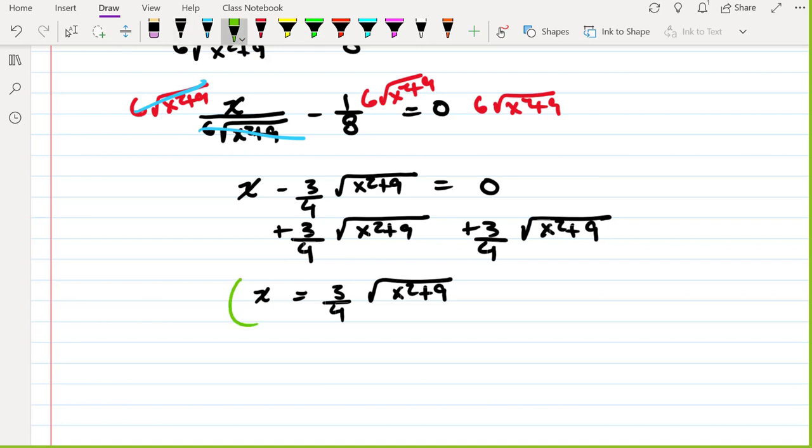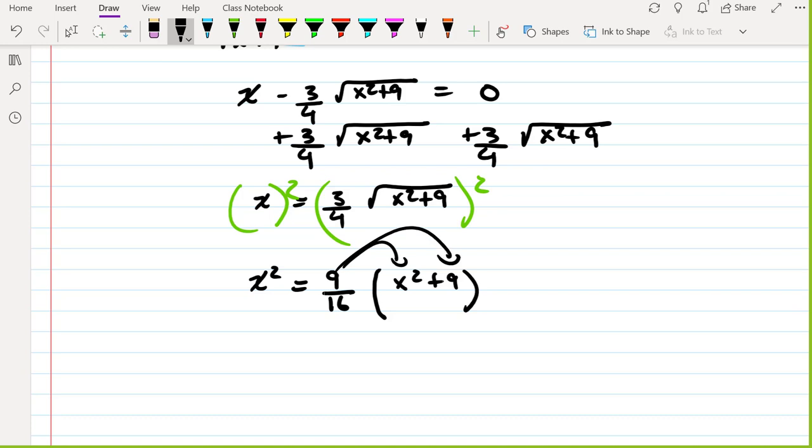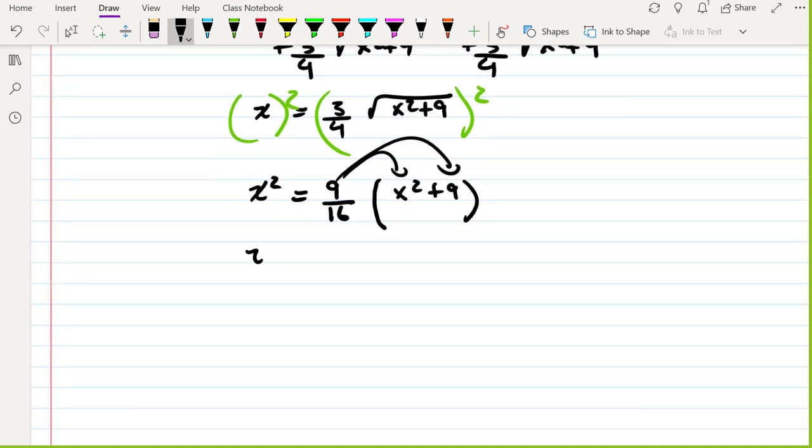Now we square both sides, and that gives us x squared is equal to 3/4 times 3/4 is 9/16, times, we square a square root, it cancels out, so we get x squared plus 9. So now we open our parentheses by distributing, and we get x squared is equal to 9/16 x squared plus 81/16.